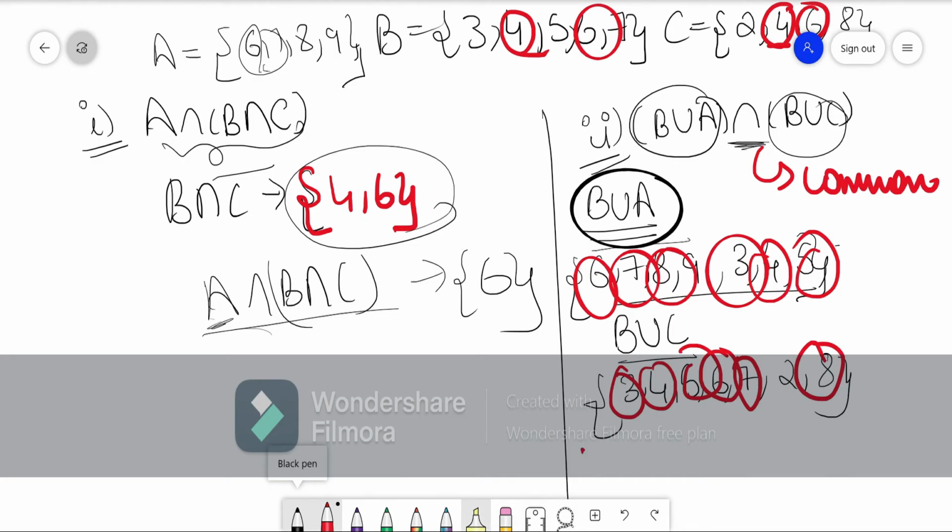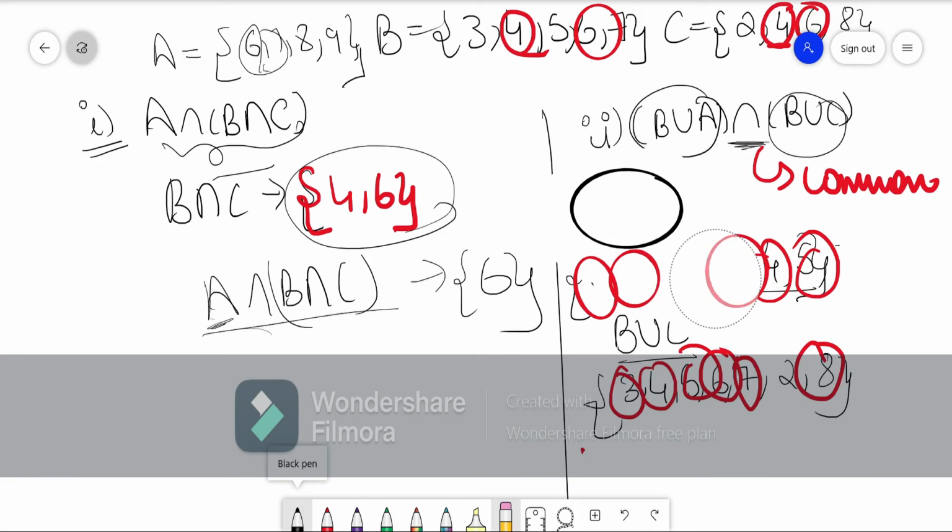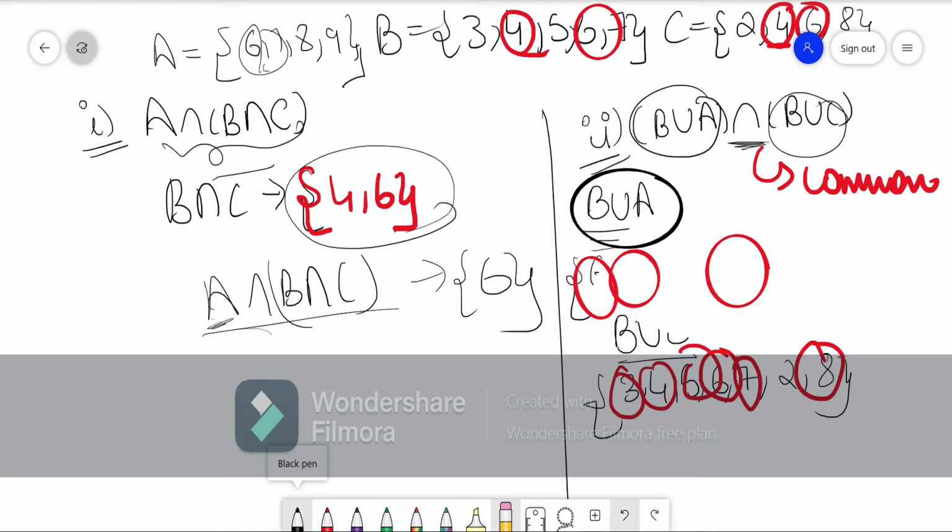Let me erase this first. So I'll write the answer. I'm going to write the whole equation because I don't have much space.